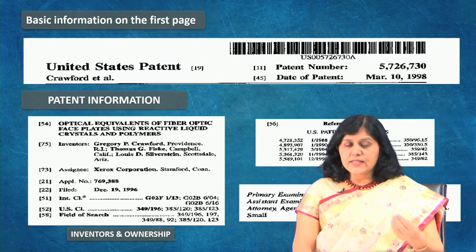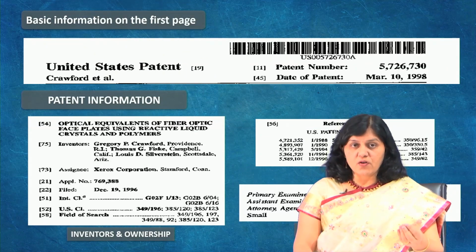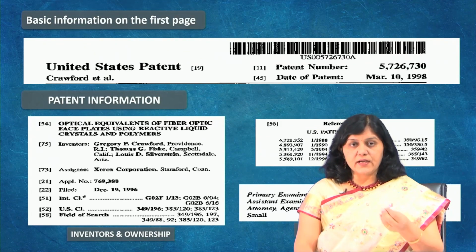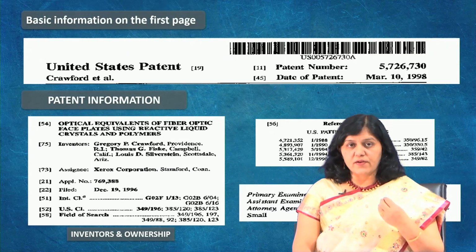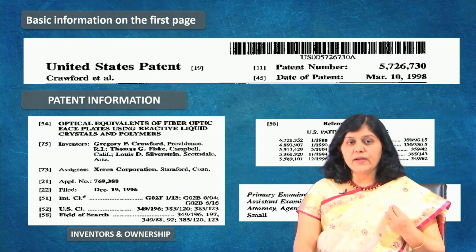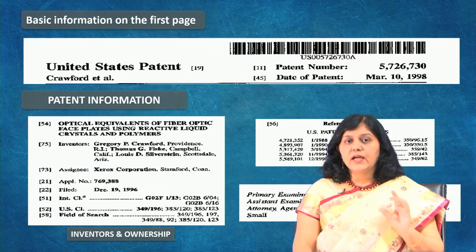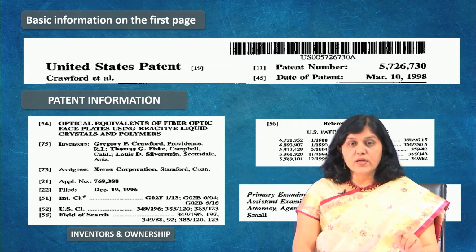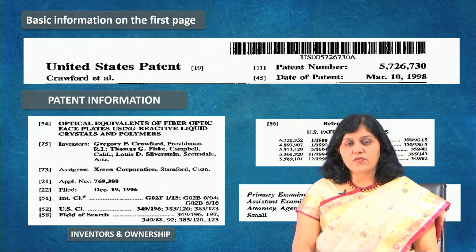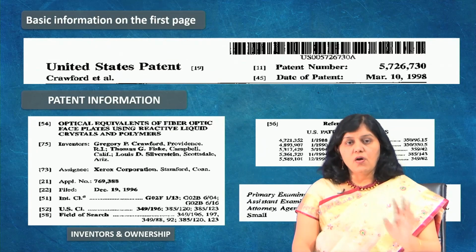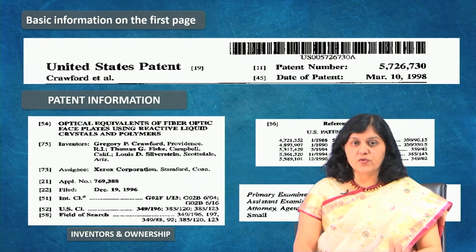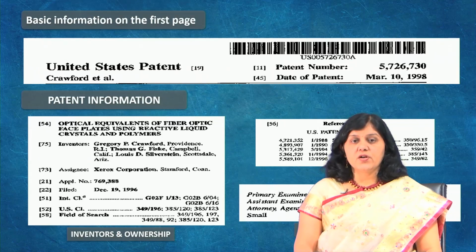Now, is there any difference between a US Patent Office drafted patent and an Indian Patent Office submitted or drafted patent document? There is a minor difference. In the Indian Patent Office, we do not get information about the patent office examiners. However, all other bibliographic information you will get from the first page of the patent document in any country.